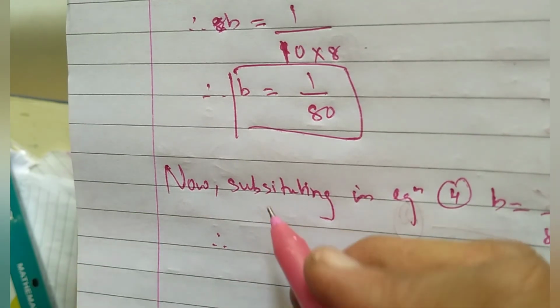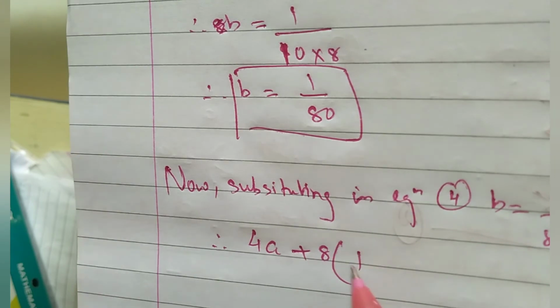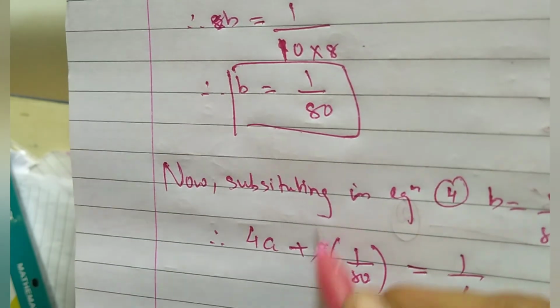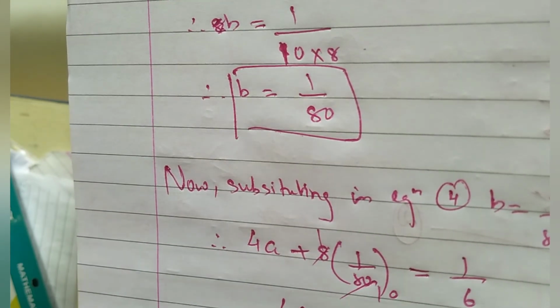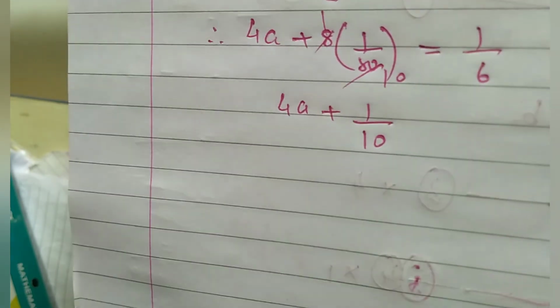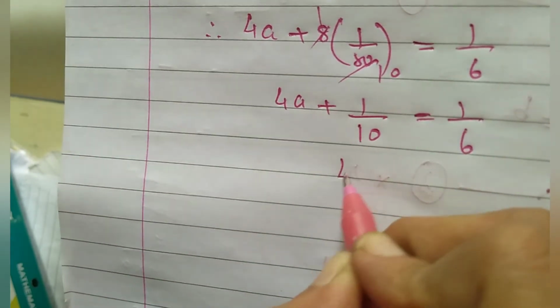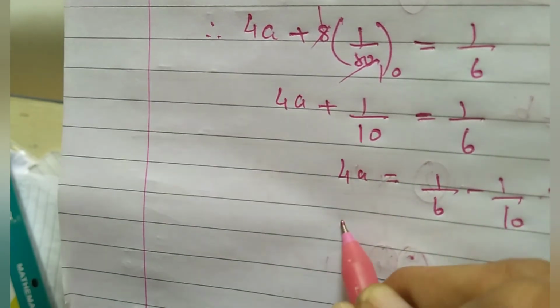Therefore 4a plus 8 into 1 upon 80 equal to 1 upon 6. 8 1s are 8, 8 10s are 80. So 4a plus 1 upon 10 equal to 1 upon 6. So 4a equal to 1 upon 6 minus 1 upon 10.